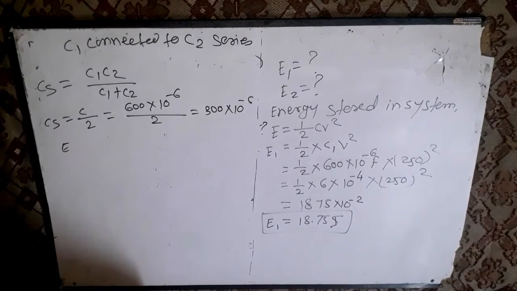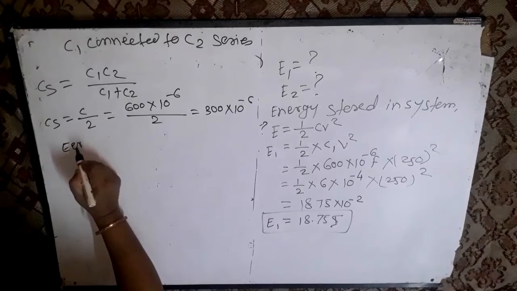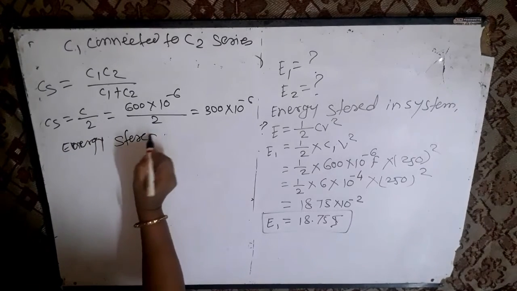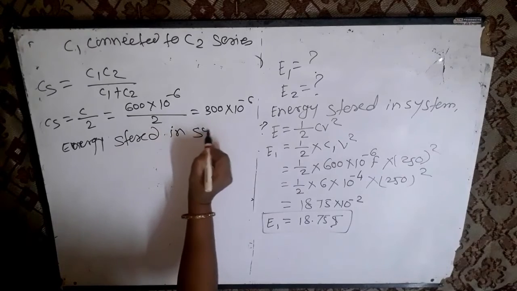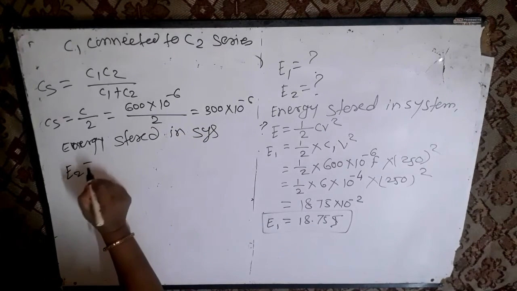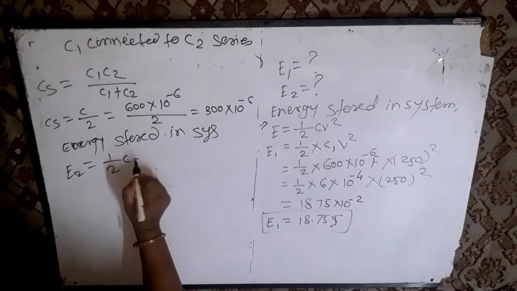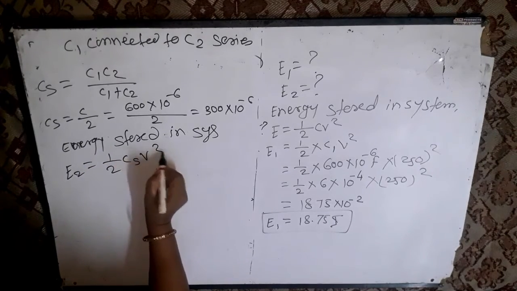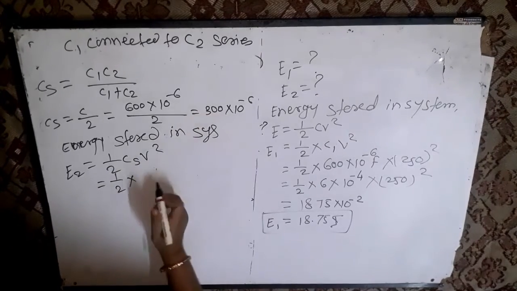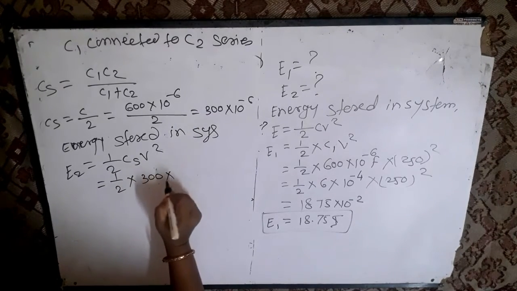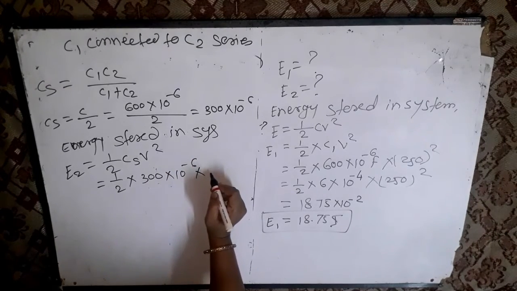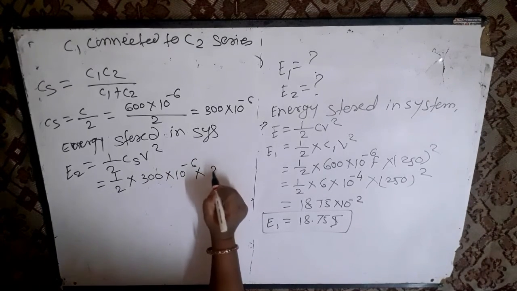Energy stored again in the system is given by E2 is equal to half CS V square. Now put in the values: half, CS is equal to 300 into 10 raised to power minus 6, V is 250 square.